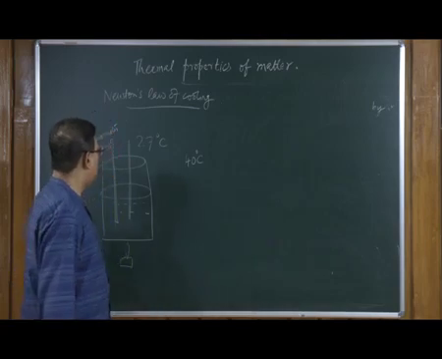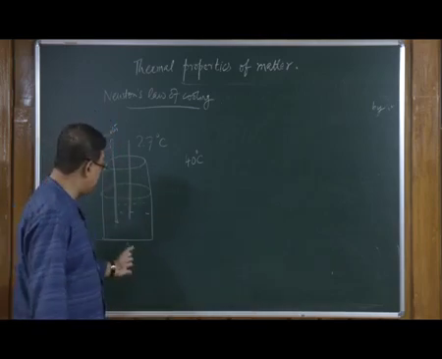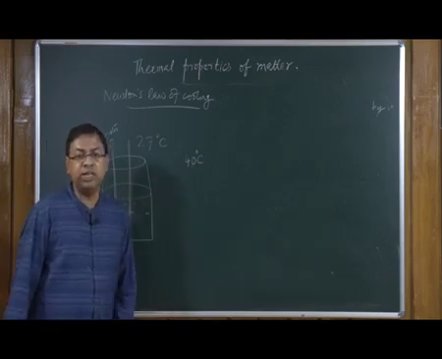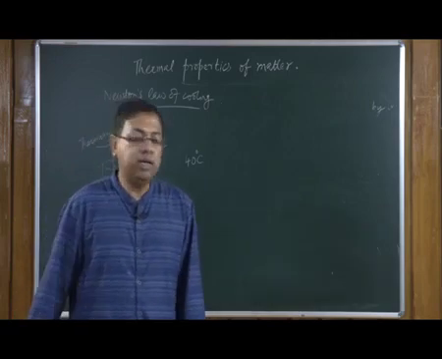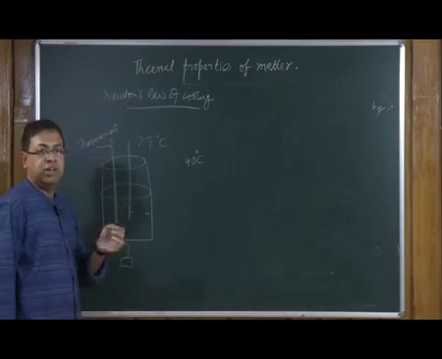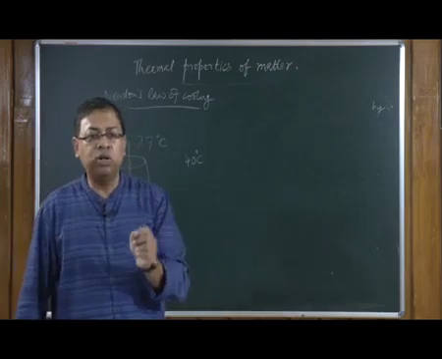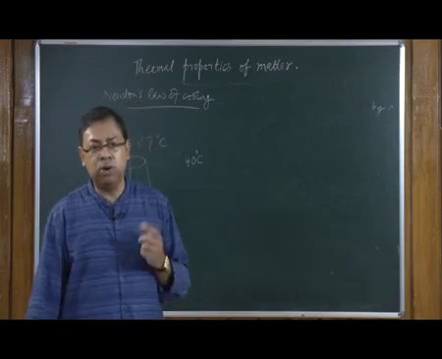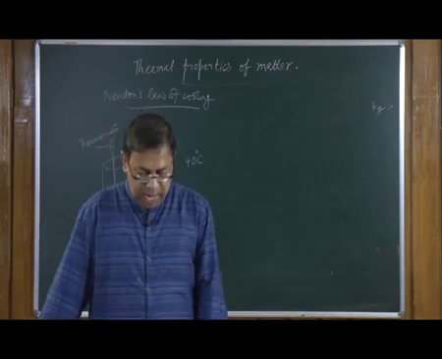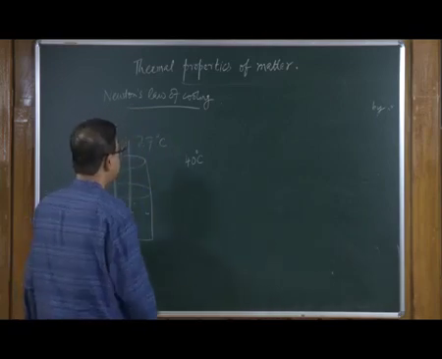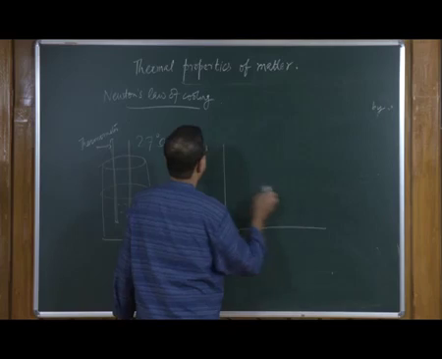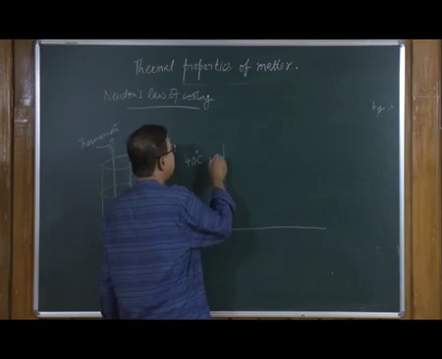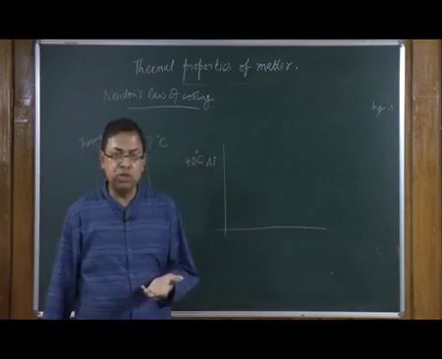And now what you can do is that you remove the flame, that is, heat is no longer given after the temperature has attained 40 degrees centigrade, and you want to record the temperature after a fixed interval of time. So, you can record the temperature after, say, 5 minutes of time, or 10 minutes or 15 minutes, depending upon what you are interested in. And what you want to know is how the temperature is going down with time. So, let us talk about delta T, which is the difference in temperature.